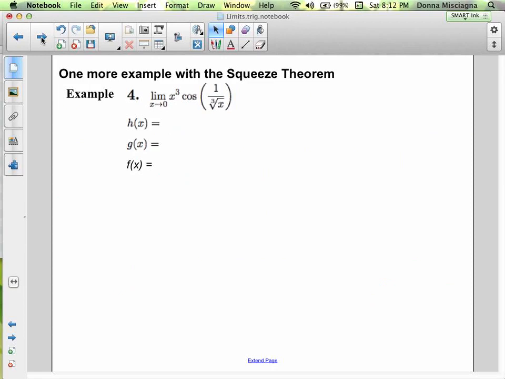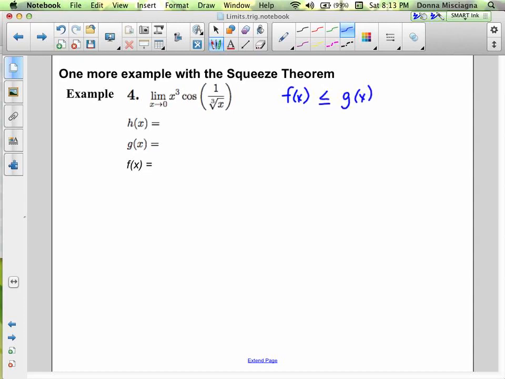Here's our last one. All right, now we've got cosine. In this case, f of x is going to be less than or equal to g of x. It's got to be less than or equal to h of x. Our g of x, the thing we cannot find the limit of, is x cubed cosine of 1 over the cube root of x.